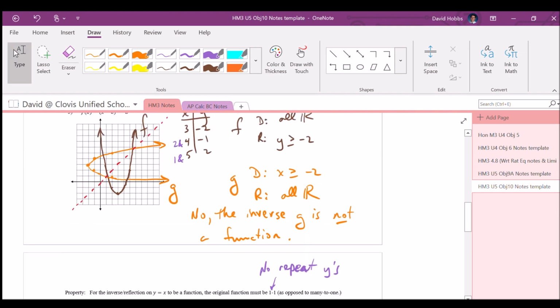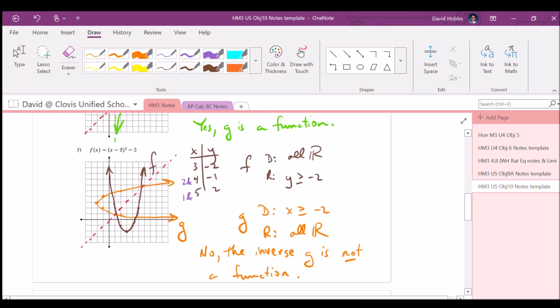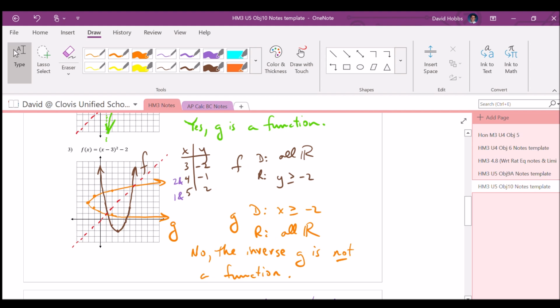Now, wouldn't it be nice if there was some sort of very quick way to test to see if it's 1-to-1 or many-to-1? And there is. We have a vertical line test to see if it's a function. There is a horizontal line test to see if something is 1-to-1 or many-to-1. So on problem number 3, f, if you do a horizontal line, can you see how the horizontal line is passing through the function more than once? It intersects the function more than once as you go through.